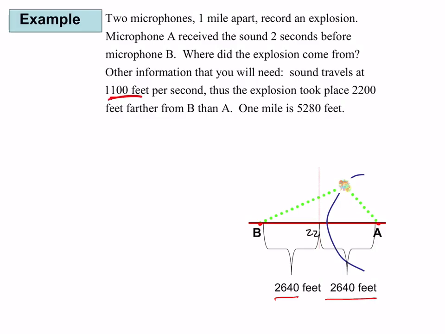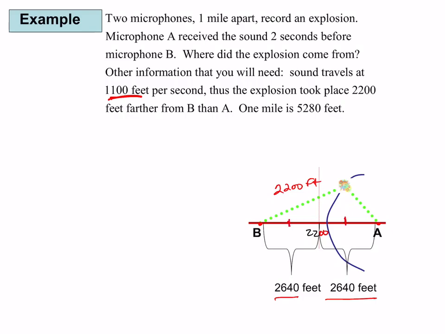Well, you have to know that sound travels 1,100 feet per second. So we know that the difference between A and B, how far it went, was 2,200 feet, because it was 2 seconds at 1,100 feet per second.